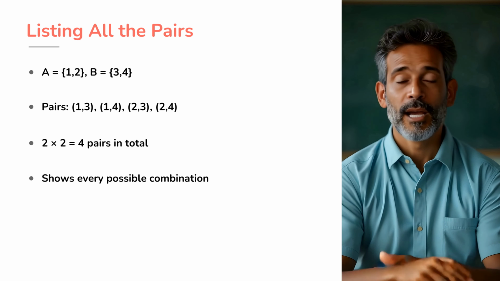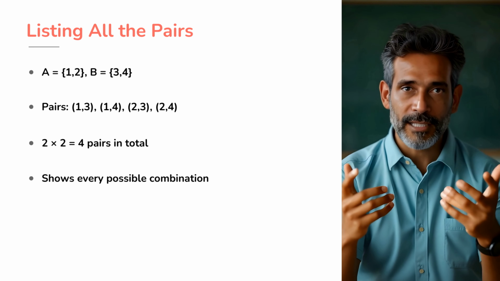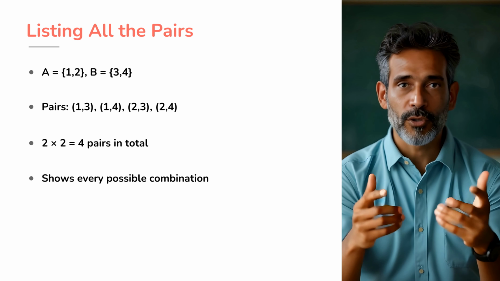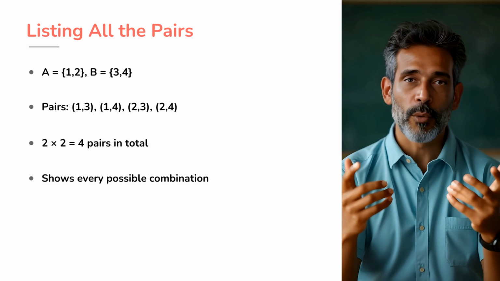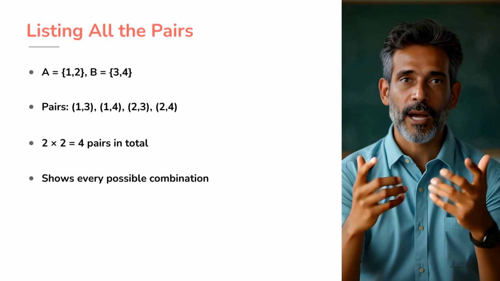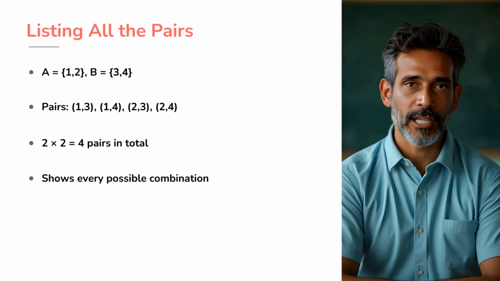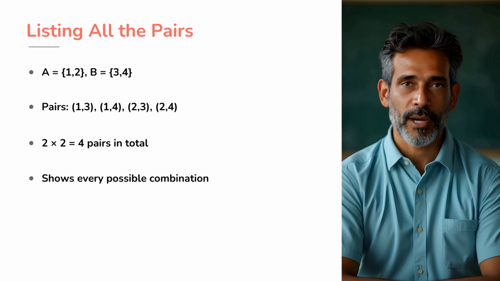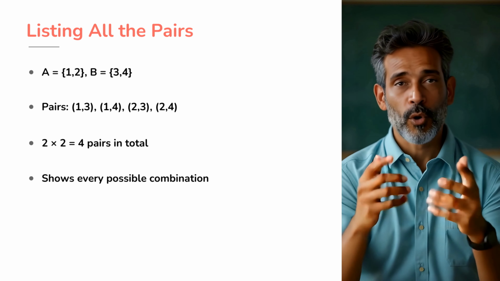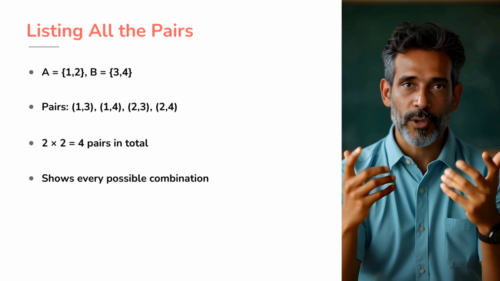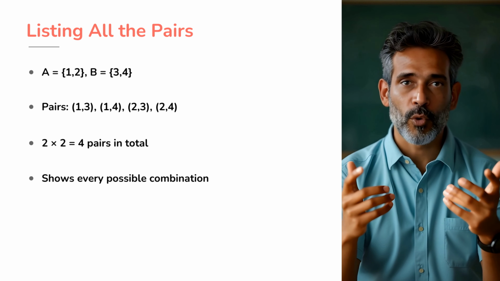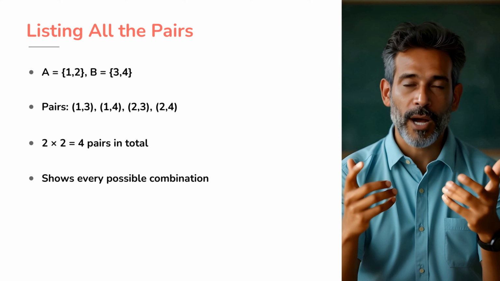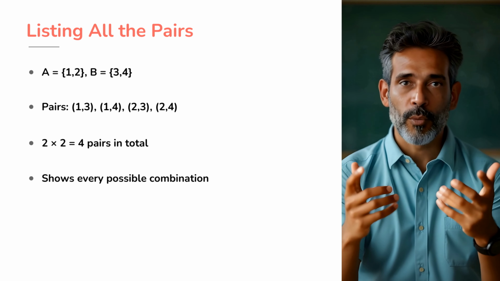Let's take two simple sets. Set A contains the numbers 1 and 2. Set B contains the numbers 3 and 4. To form all possible combinations, we pair every element from set A with each element in set B. This gives us the following ordered pairs: (1, 3), (1, 4), (2, 3), and (2, 4).